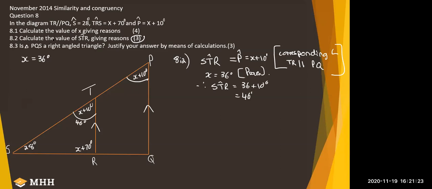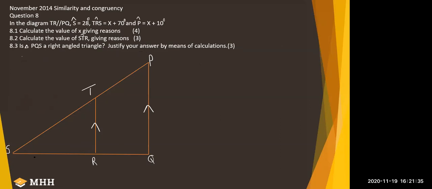Sharp. Then for the next one, it says, is triangle PQS a right angled triangle? Justify your answer. Okay, so that one is 28 and 46. Do you see that we are going to work in the big triangle now? So I already worked out STR.